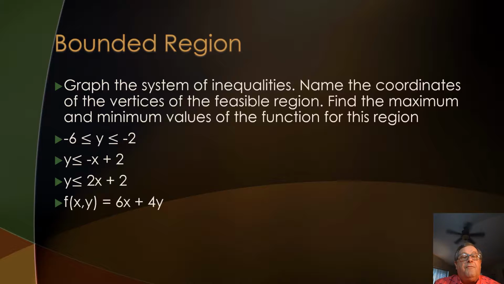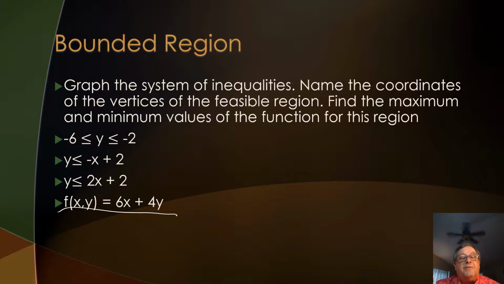We would graph these four inequalities and determine where the vertices are, and then we take the coordinates of those vertices and plug them into this function of x and y, and determine which one of those vertices gives us a maximum or a minimum value.